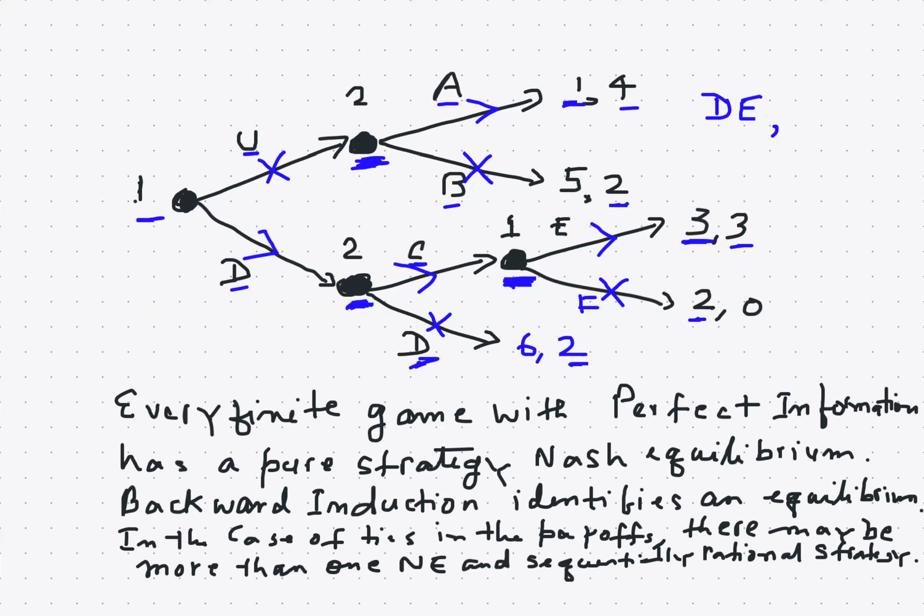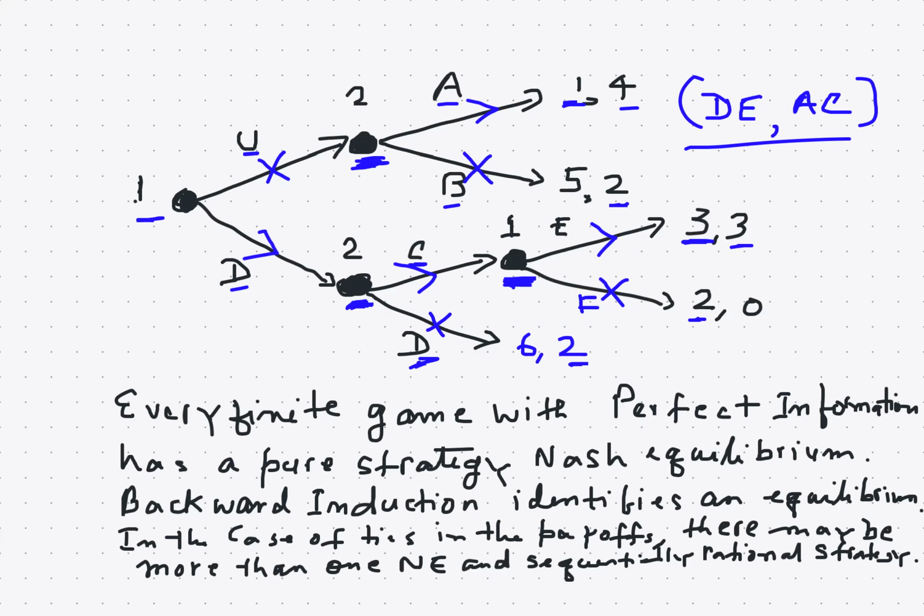So we know player 2 will choose A. So A, which is out of the equilibrium path, you still have to specify because that's the way strategies are written. And then player 2 at the bottom node will play C. So this is your Nash equilibrium in the game using the backward induction argument.